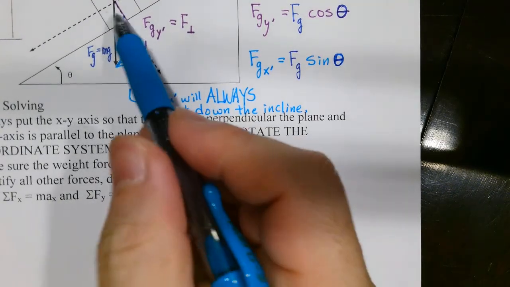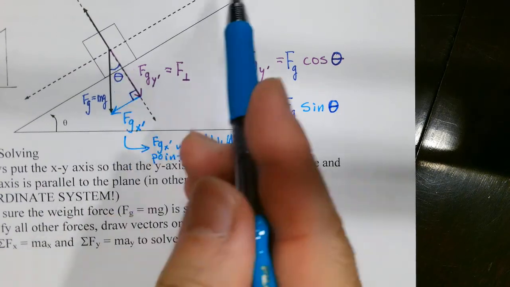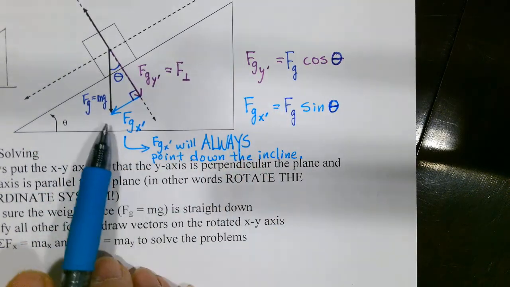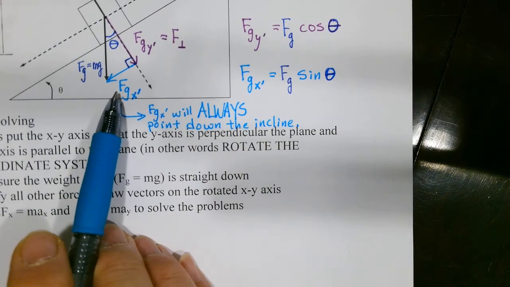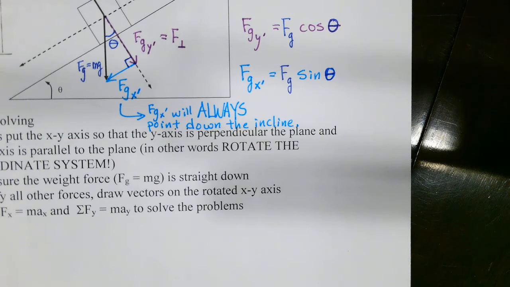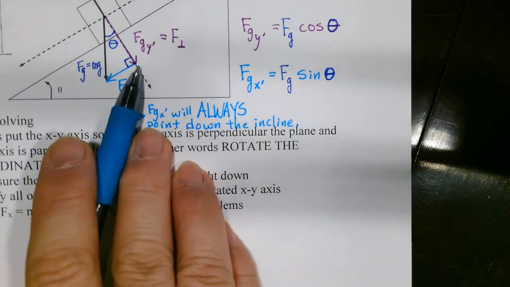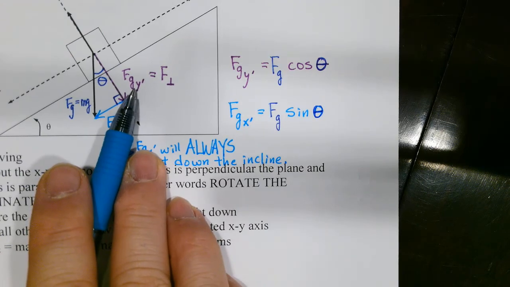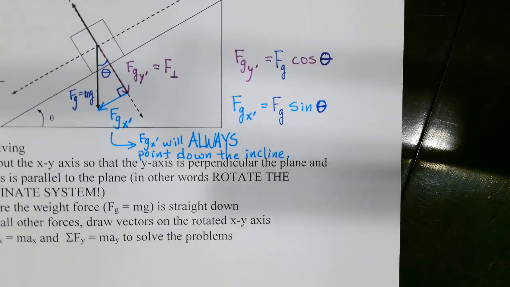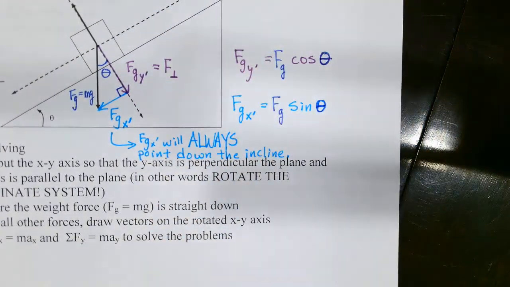Why? Because gravity will not change its direction, whether this thing is sliding up, sliding down, or standing still. So my FGX will always point down the incline no matter what. Okay? Similarly, my FGY prime will always point perpendicular to my incline downwards. So when I add these two components, it should equal my FG.